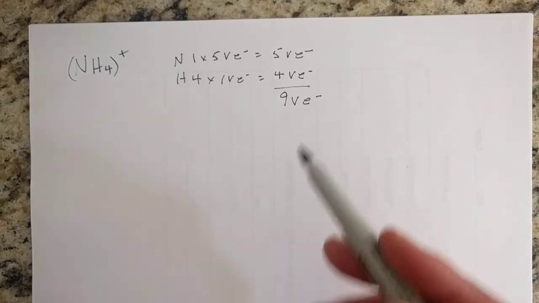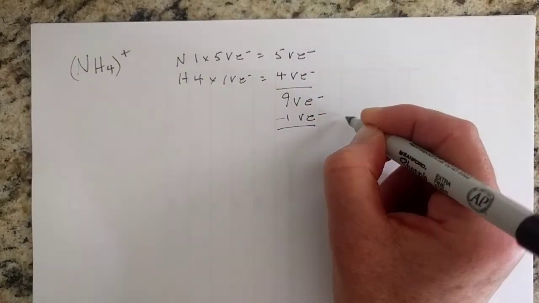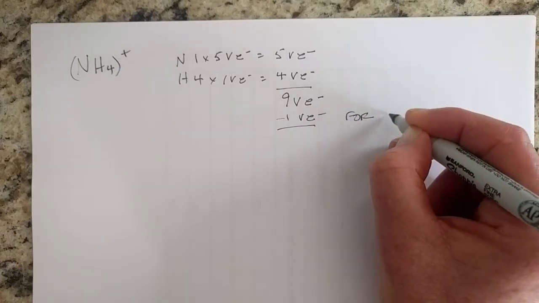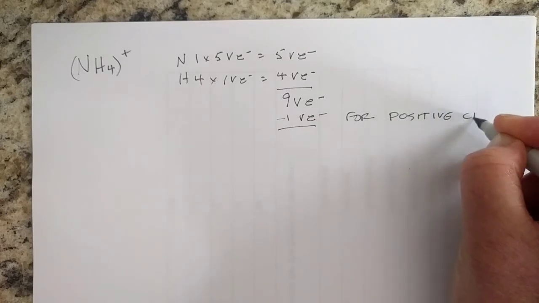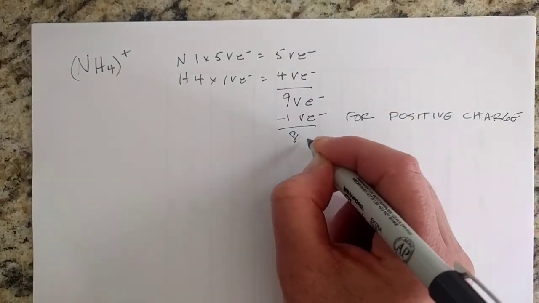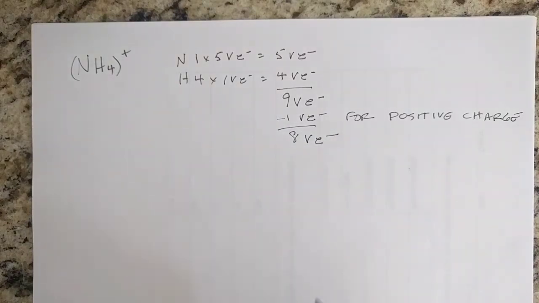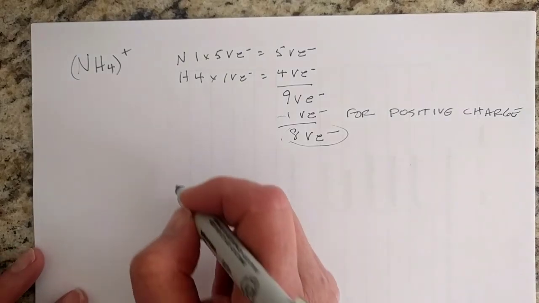So of these 9 valence electrons, 1 electron is lost for the charge. This is for the positive charge. We have to take away electrons. So we end up with a total of 8 valence electrons. This is the number of electrons that we use for our Lewis structure.